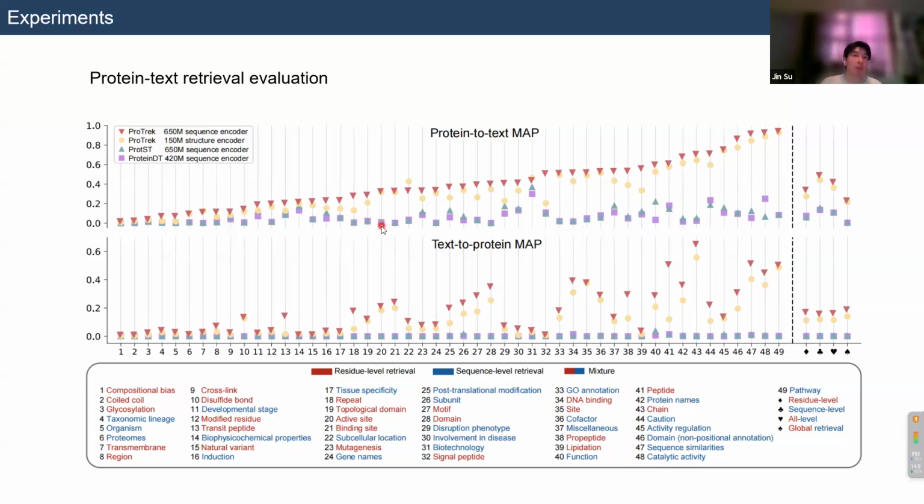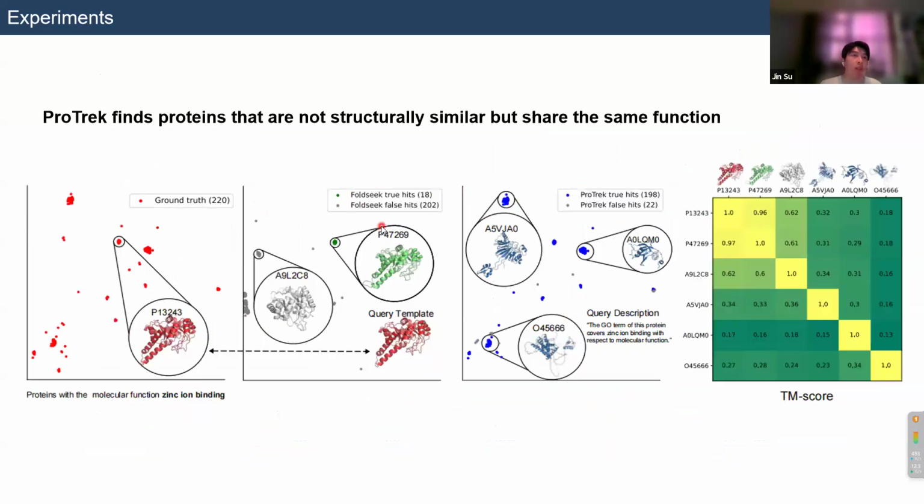So as we mentioned at first, alignment-based tools cannot find dissimilar proteins that share the same function. We test ProTrek with this, and we find that ProTrek can find proteins that are not structurally similar but share the same function.